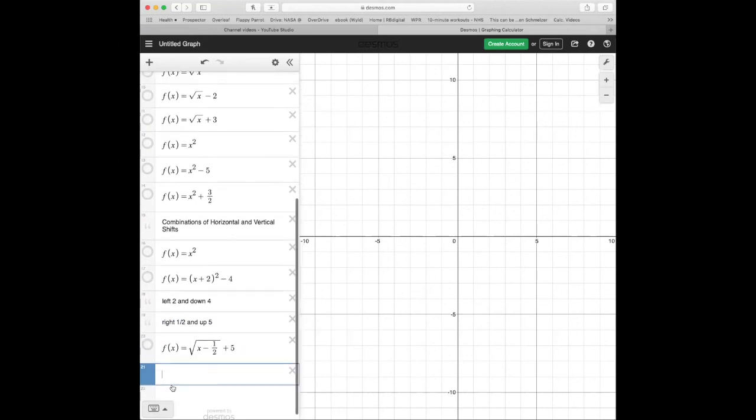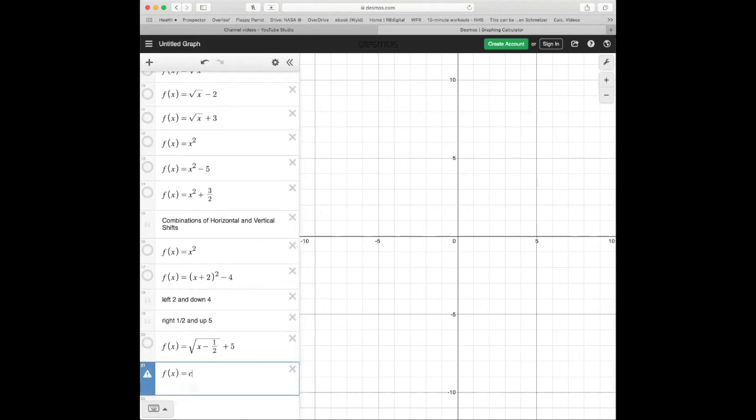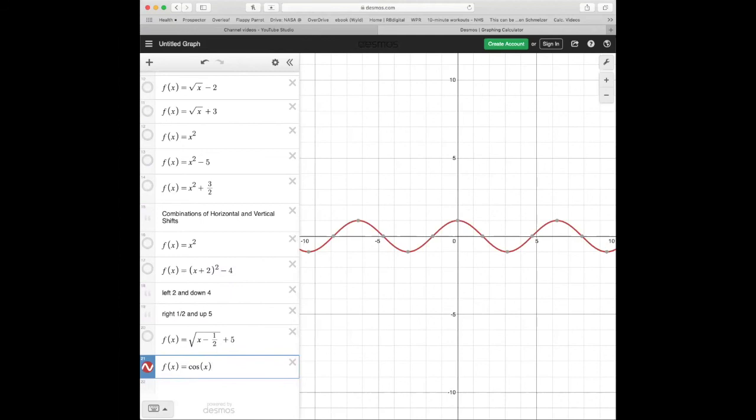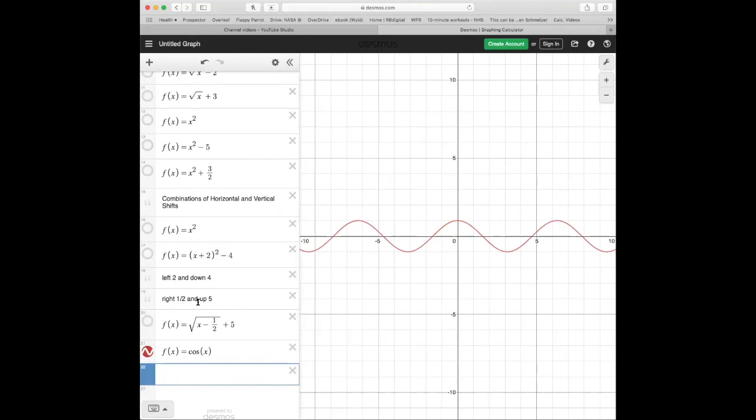Now, just to solidify this in our brains, I'm going to again take a function that we are not expected to know. We're not going to work with the cosine of x function, but cosine of x is going to work exactly the same way as it did before. So let's say we want to take our cosine of x function and shift it left 2 and down 3.